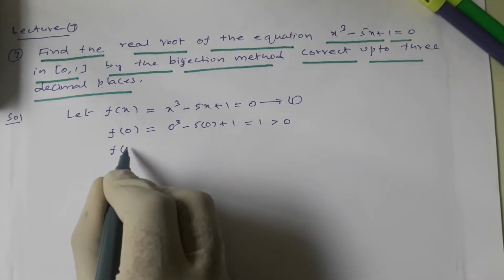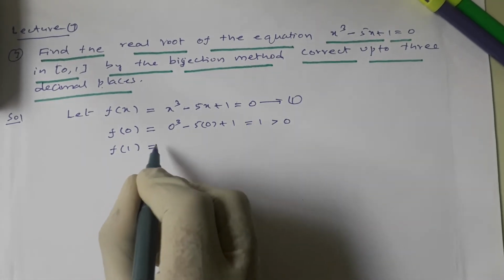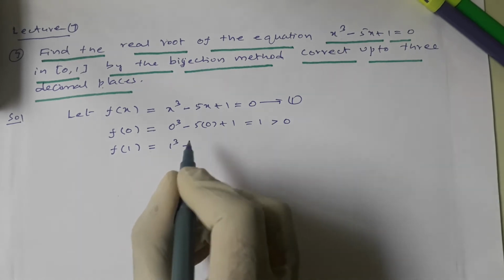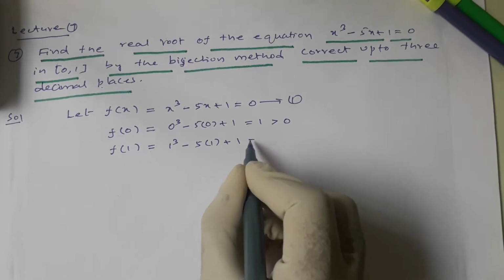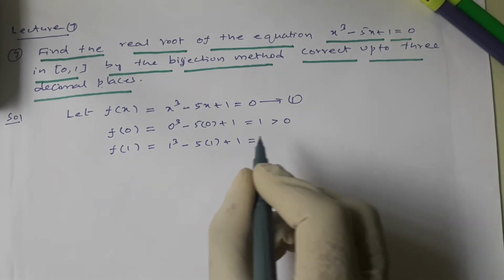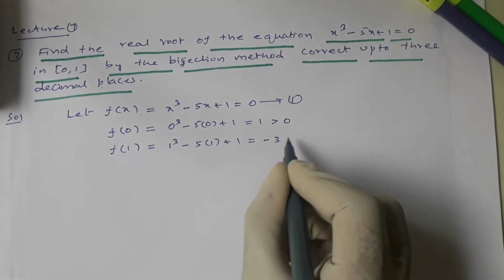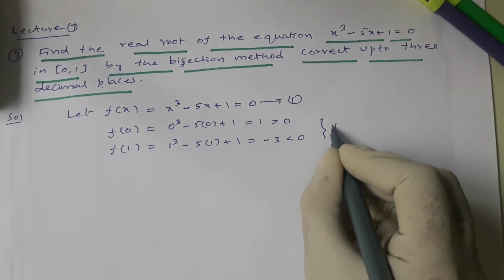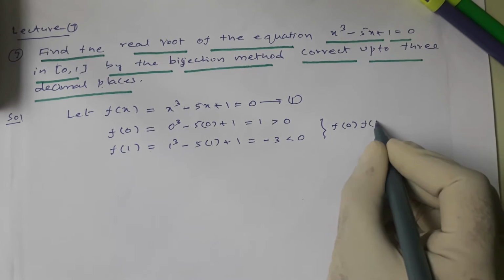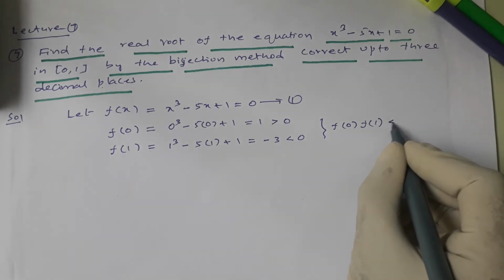Next, f of 1 is equal to 1 cube minus 5 into 1 plus 1, is equal to minus 3, which is less than 0. So f of 0 into f of 1 is less than 0.